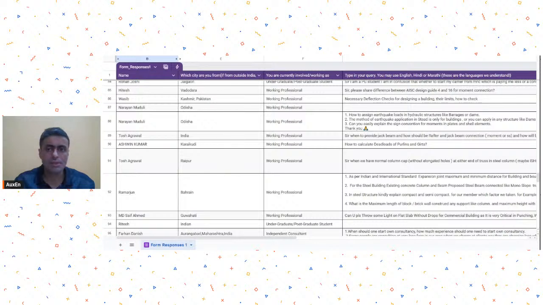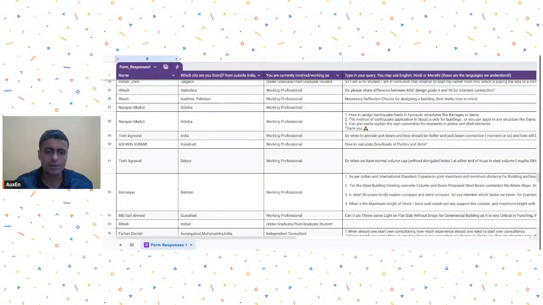Let me take those questions first, and then we will continue with the questions in the Google form. The first question he is asking is: please explain how the hollow section truss is to be connected with column. Please discuss various possibilities.